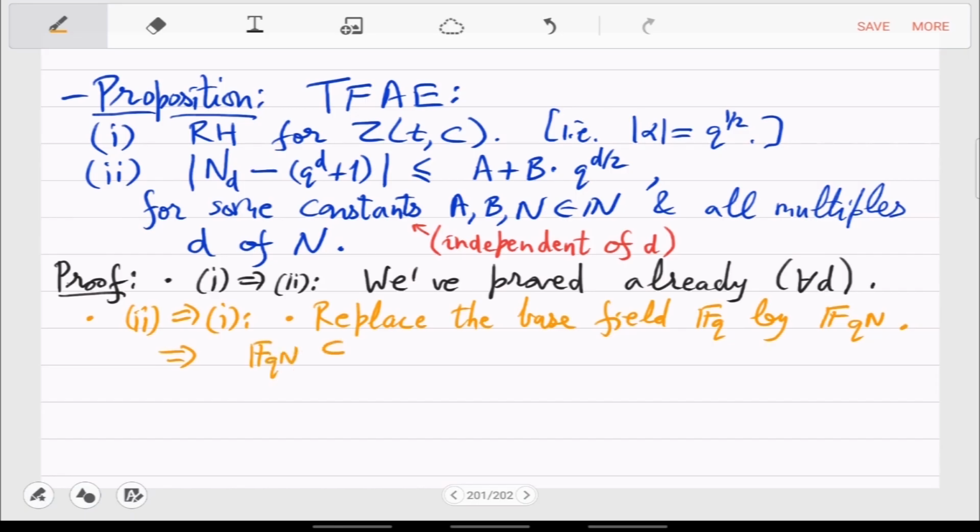Q raised to n is contained in q raised to d as we vary d. So that is the setting.